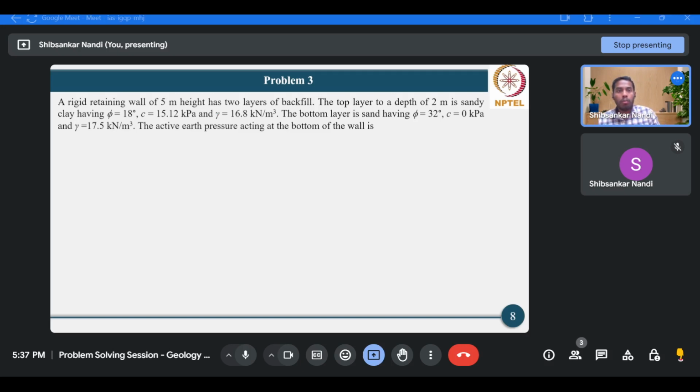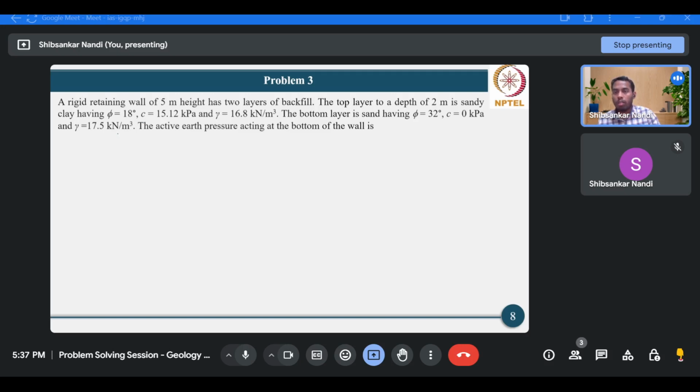The top layer to a depth of 2 meter is sandy clay, with angle of internal friction 18 degree, cohesion 15.12 kPa, and unit weight 16.8 kilonewton per meter cube. The bottom layer is sand, with angle of internal friction 32 degree, cohesion 0, and unit weight 17.5 kilonewton per meter cube.